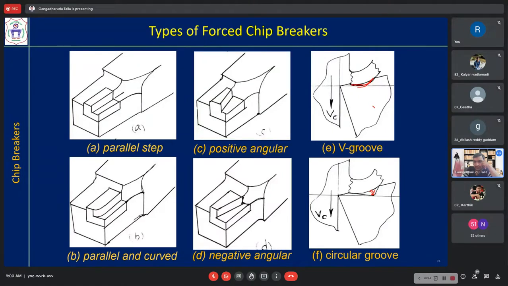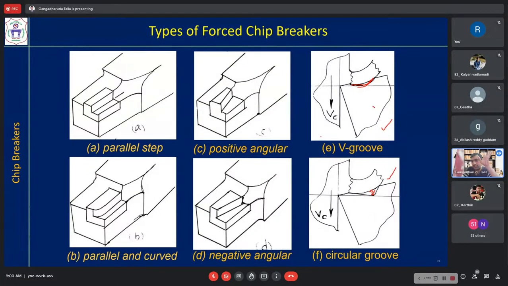So this is one kind of shape. These are a little bit easy to cut. Generally, these V groove or circular groove cuts are seen on the inserts. During cutting, you will use some inserts for cutting purposes. We will see what the different shapes of inserts are later.